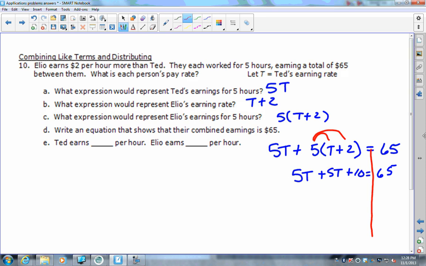Now we put together our T's. 10T plus 10 equals 65. Subtract 10 from each side. 10T equals 55. Divide by 10.